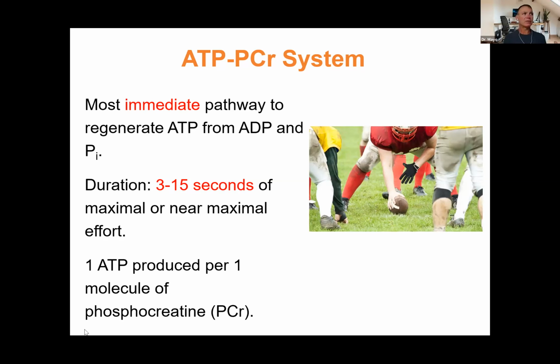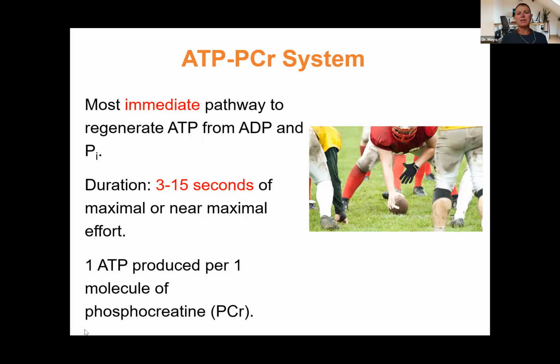Basically, you're taking the phosphate from the creatine phosphate and donating that phosphate to ADP to regenerate ATP. The limiting part is that for every phosphocreatine molecule, you're only going to produce one ATP. But it is the most immediate way that we get energy.